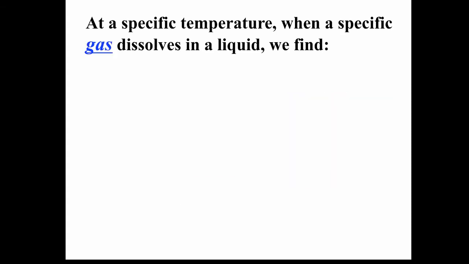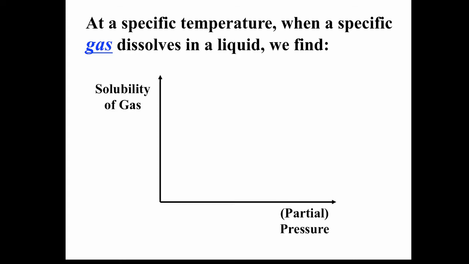Now, when we look at the solubility of a gas in a liquid, the solubility depends upon what specific gas we're dealing with, what liquid it's dissolved in, the temperature of the solution, and the pressure of the gas above the solution.